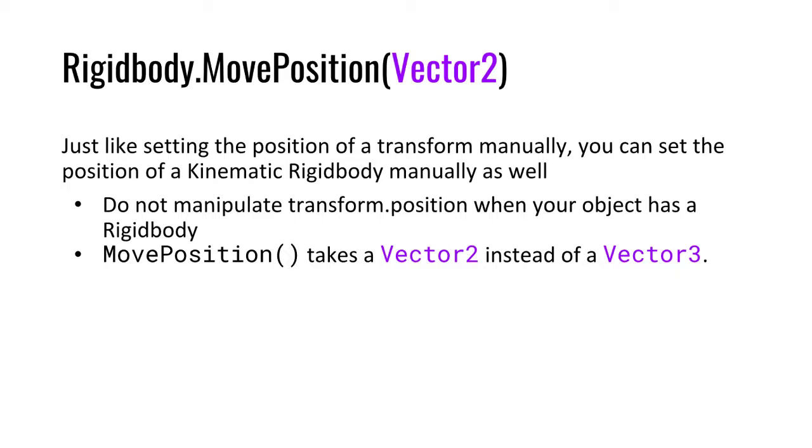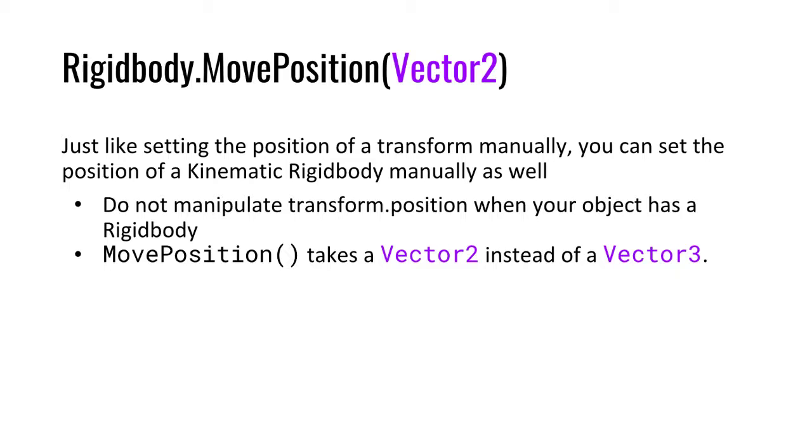Something we can do with only kinematic rigid bodies is MovePosition, and this takes a vector too, as did the other one. MovePosition is basically like setting the transform.position, but you don't want to set transform.position when you have a rigid body, because if you have a rigid body on something, you want the physics engine to take care of it only.